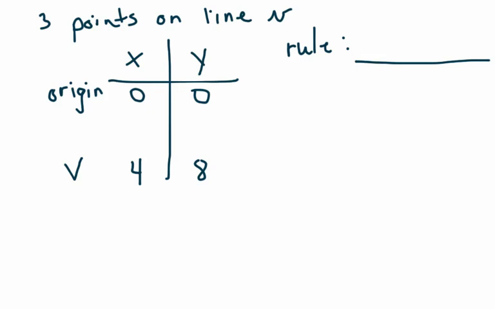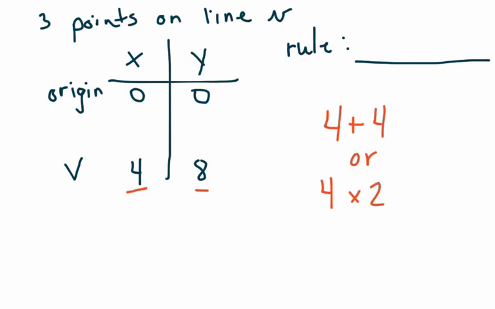Well, 0, 0 is not very helpful. But if we look at V here, we see that it's 4, 8. Well, if I'm at 4, how can I get to 8? Well, I could do either 4 plus 4 or 4 times 2.